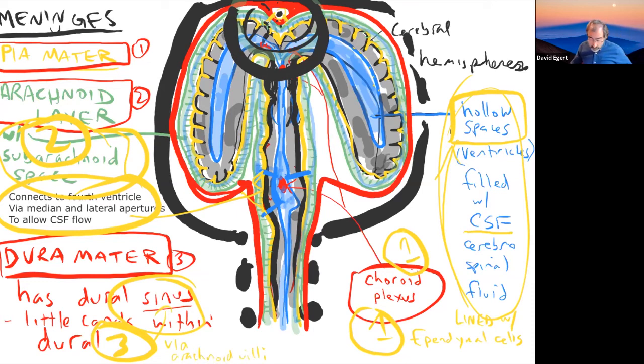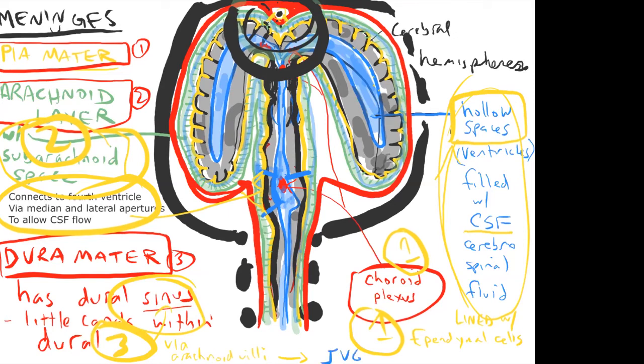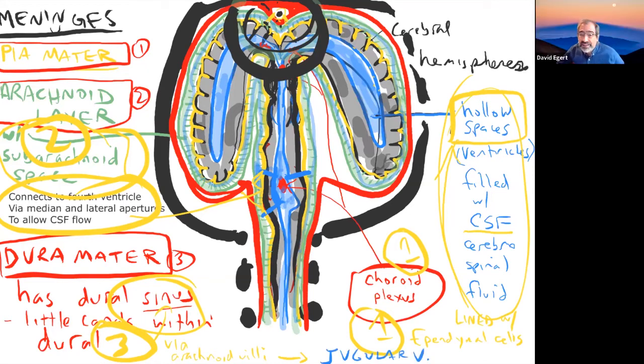And then 4, what's going to be the final destination for the CSF? The jugular vein? Exactly, the jugular vein. And like I said, CSF is basically like plasma. So dumping some CSF and adding it into your blood is like spit in the ocean.